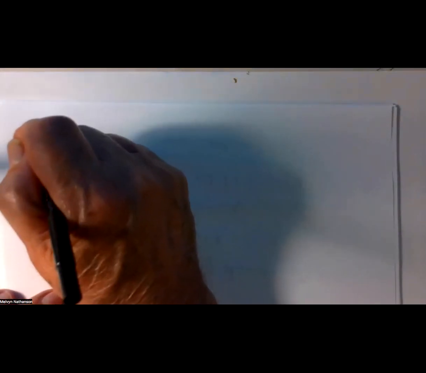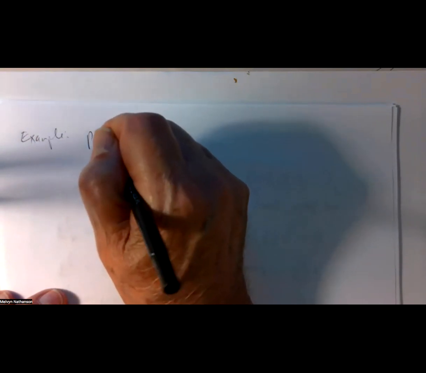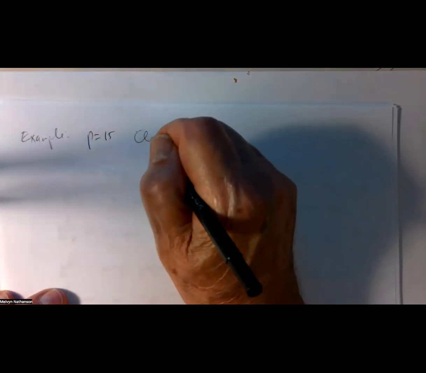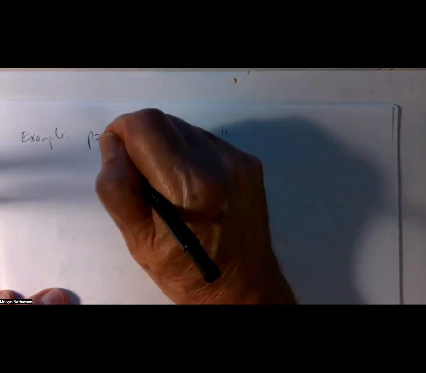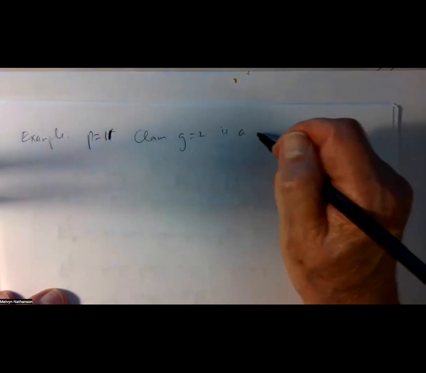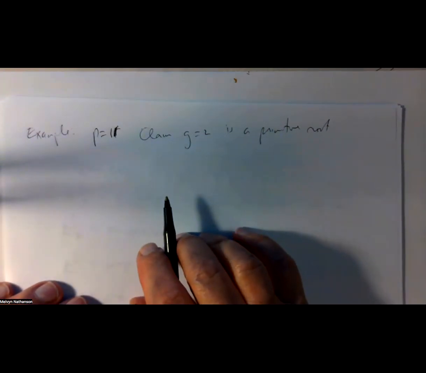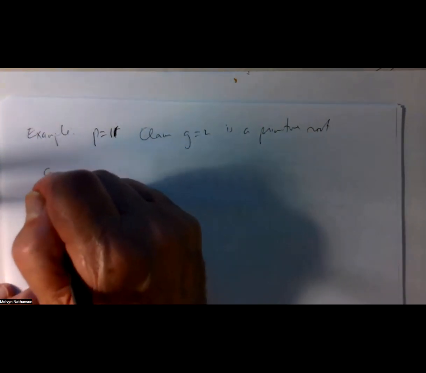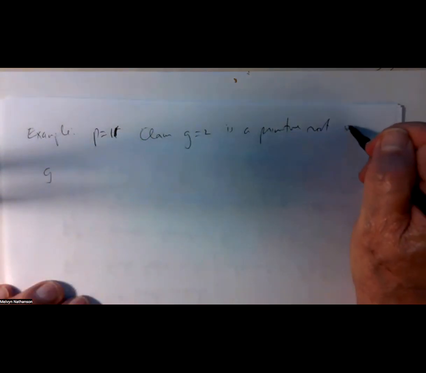So for example, you take P equal to 11, I claim G equal to 2 is a primitive root. So we calculate the powers of G. So this is everything mod 11 in F11.